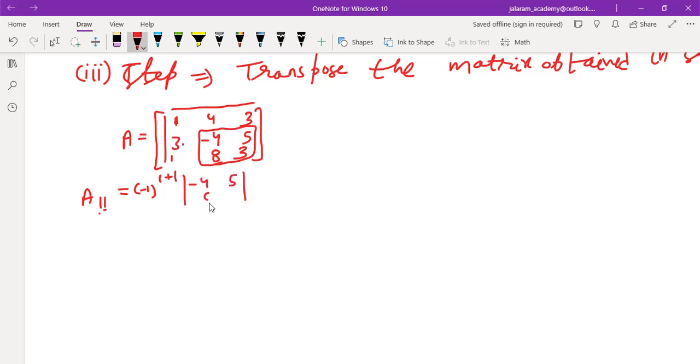First row minus 4, 5, second row 8, 3. And then we will find its value. Minus 1 to the power 1 plus 1 will be positive, and its value is minus 4 times 3, minus 12, minus 8 times 5, 40. So the value is minus 52.